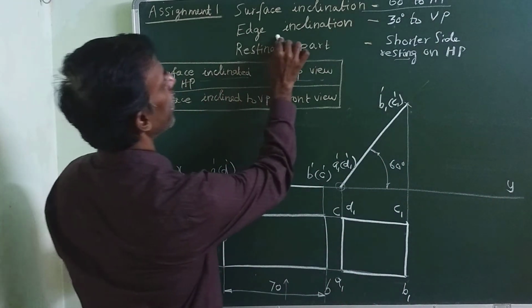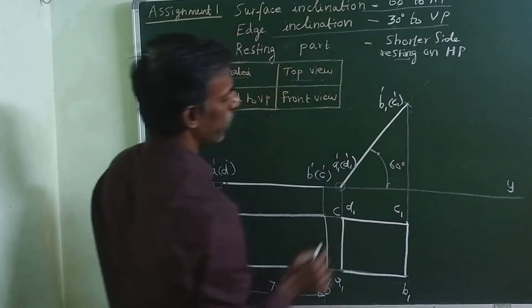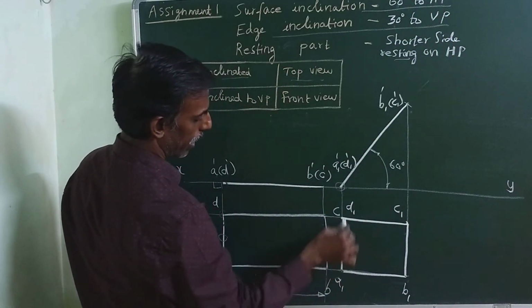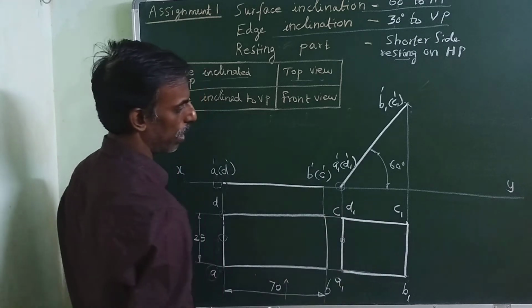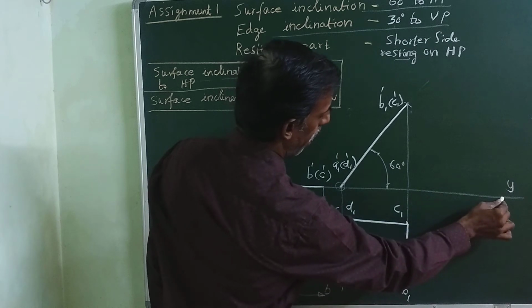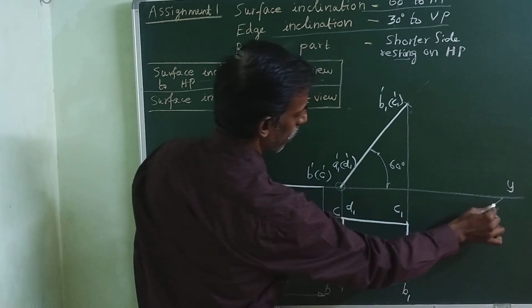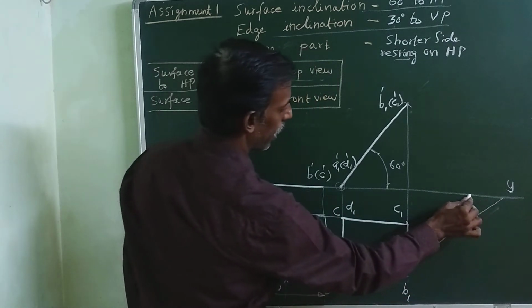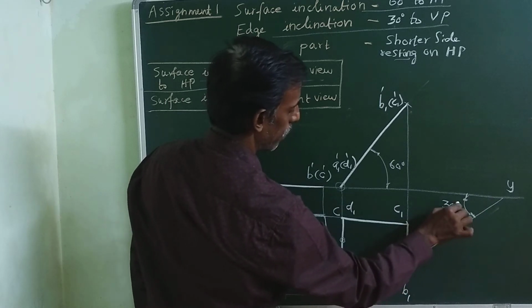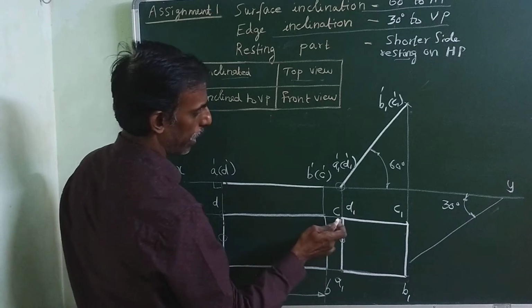Now, the edge is inclined 30 degree to VP. So, this is your resting edge. AC should be inclined to VP in the final diagram. Now, draw one 30 degree inclined line. Transfer AC.